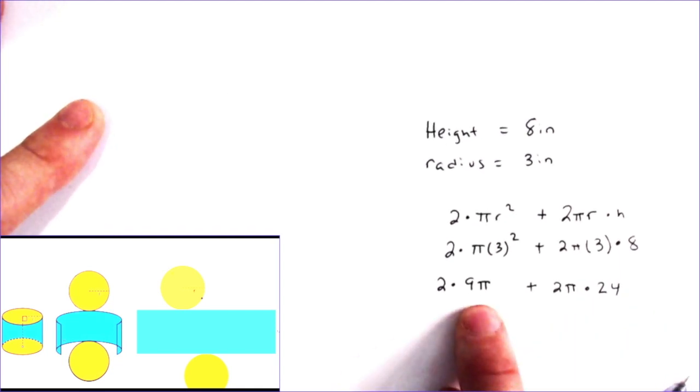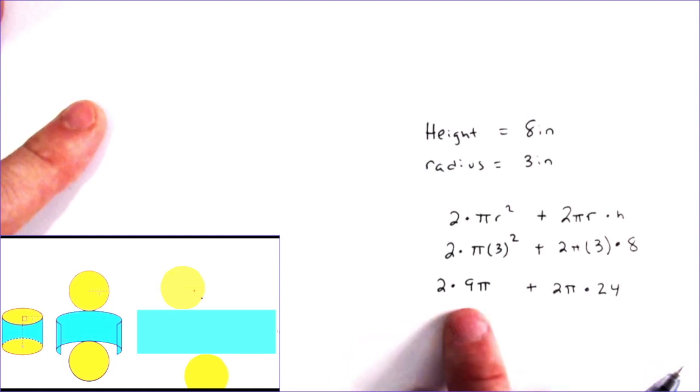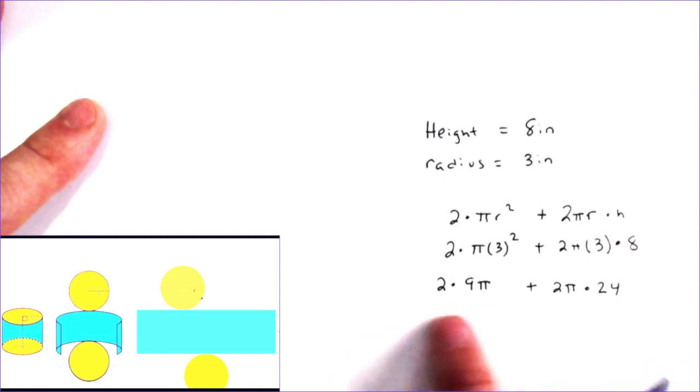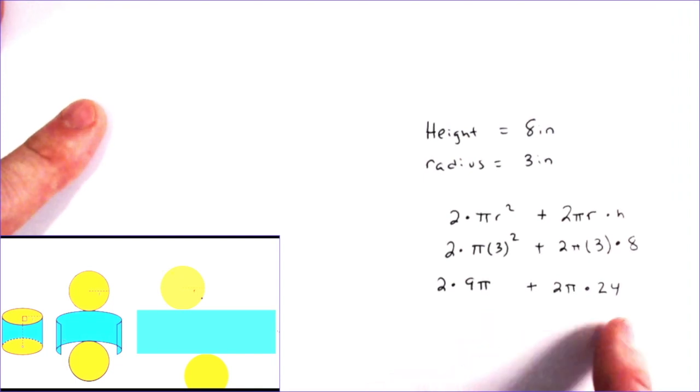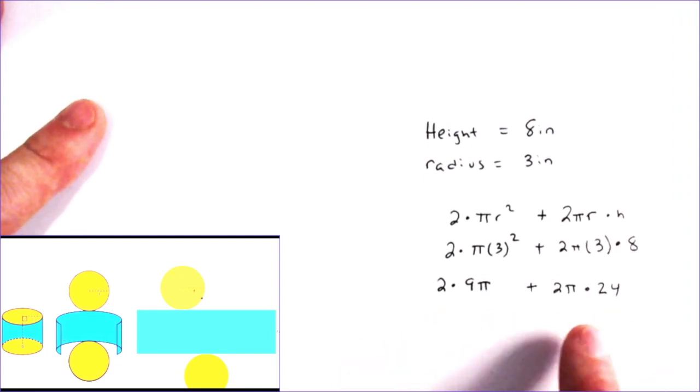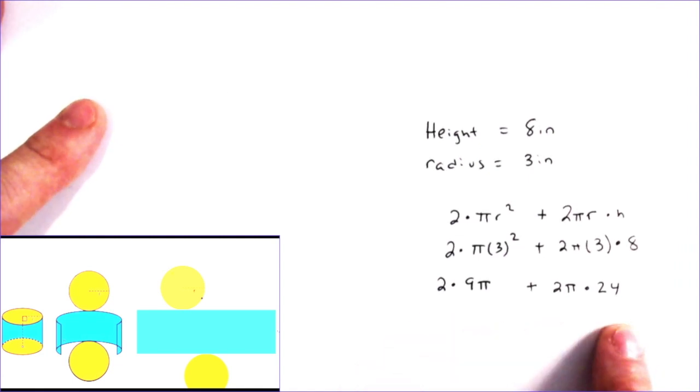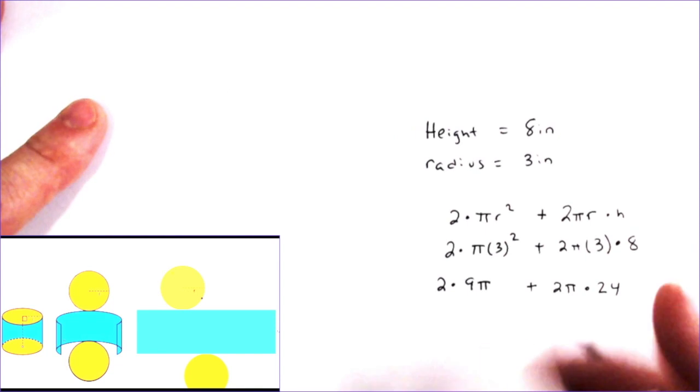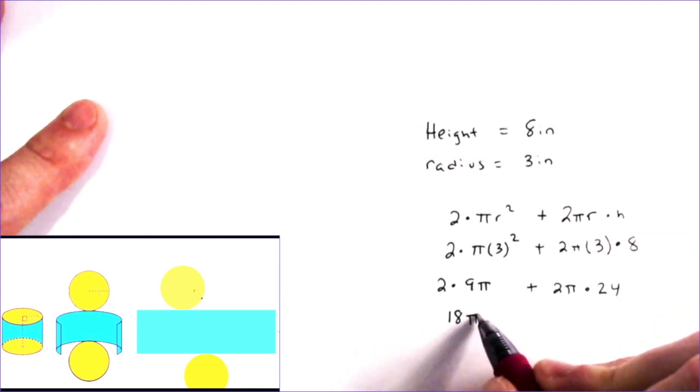Now notice how I put the 9 pi there? That's just a force of habit for me. Last time I kept it as 2 pi times 9. Because these are all multiplied together, it doesn't really matter which order you put them in, as long as you keep the plus sign stuff separated, like the 2 and the 9 pi and the 2 pi and 24 are separate. So I'm going to multiply 2 and 9 together to get 18 pi.